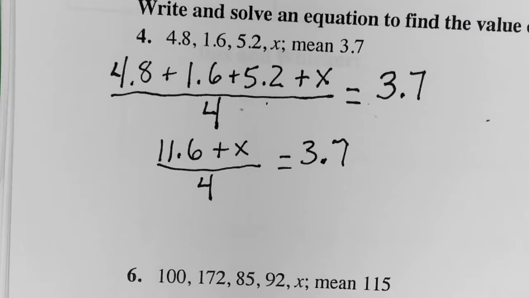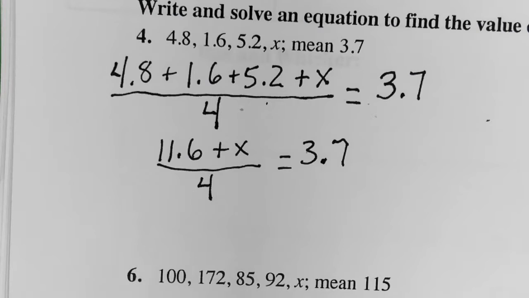Leo. Okay, we multiply by 4 on both sides.